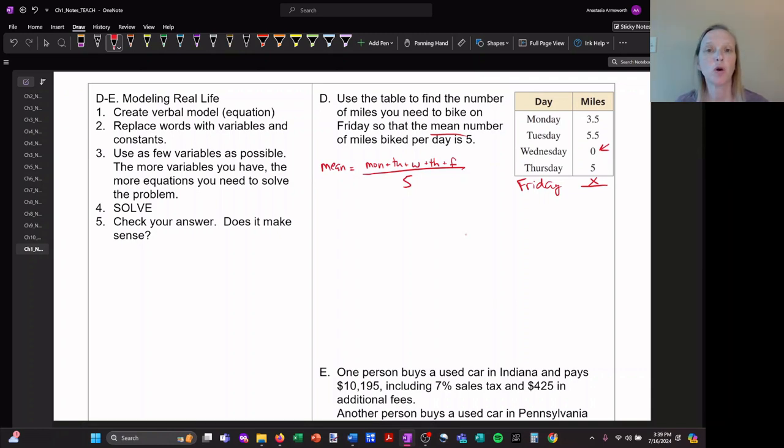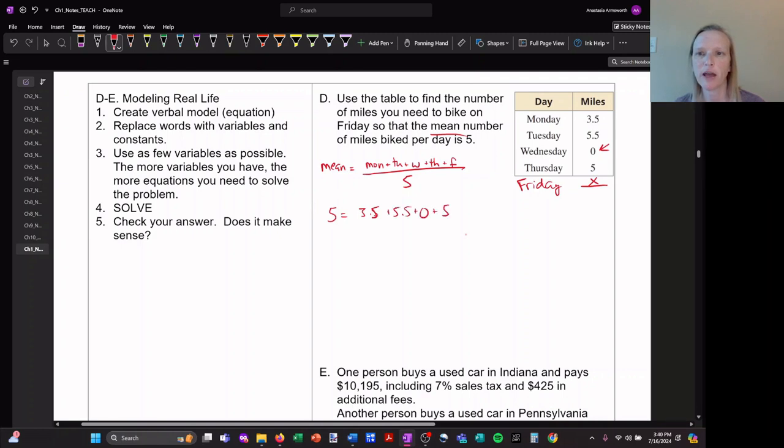I want to substitute the numbers that I know. So I know I want the average, the mean, to be 5, and I'm going to plug in 3.5 for Monday, 5.5 for Tuesday, 0 for Wednesday, 5 for Thursday, and I don't know my Friday, so I'm going to use the letter X. And then I'll divide that whole thing by 5.